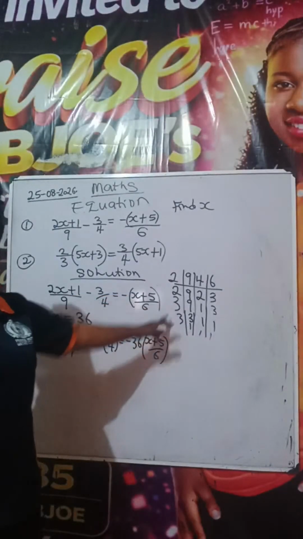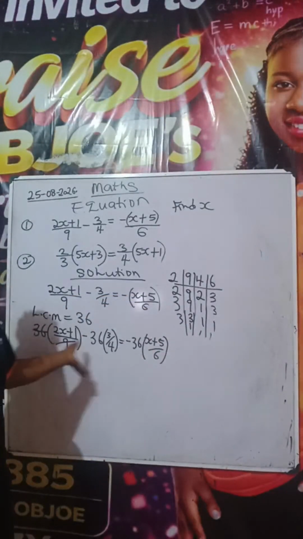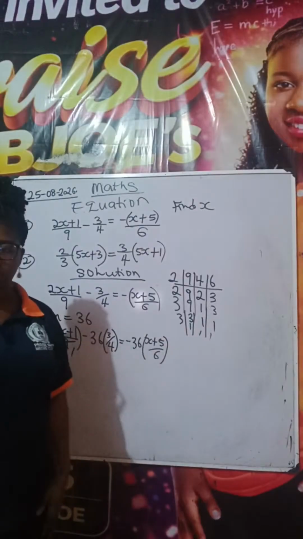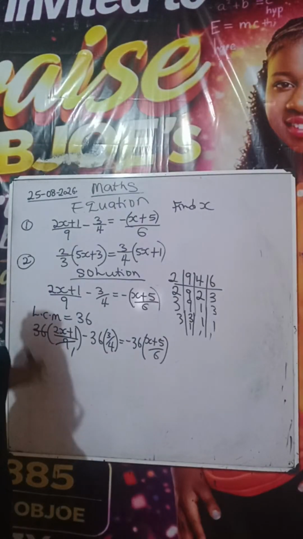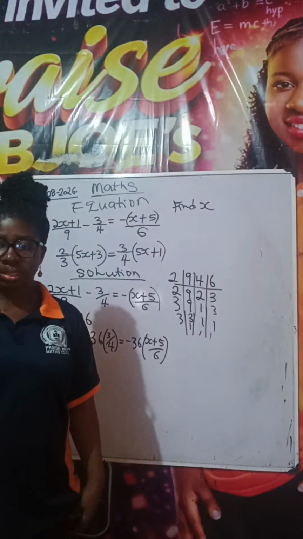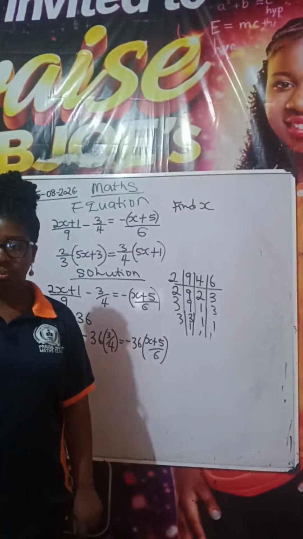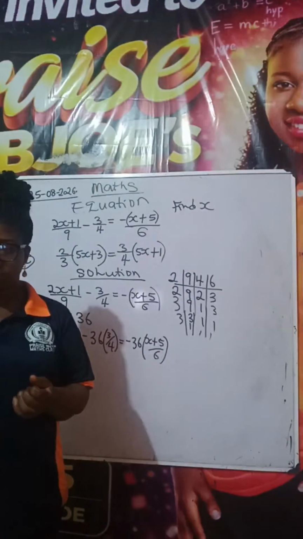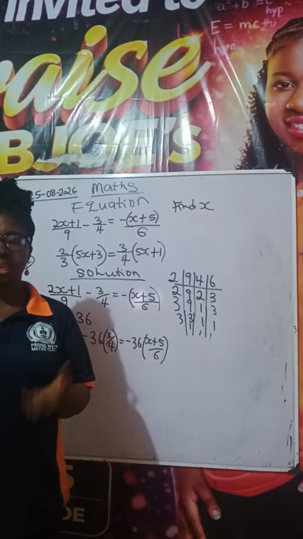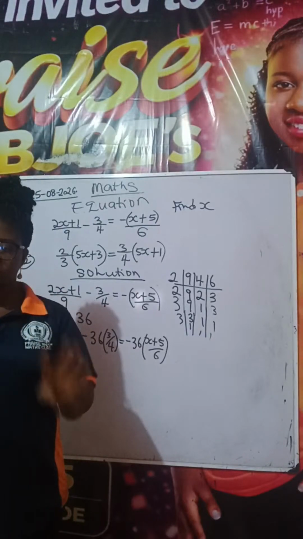I showed it working, and also we are timesing each of them. So now, how many 9 in 36? This is where you need to respond now. 36 divided by 9, we are getting 4 times.